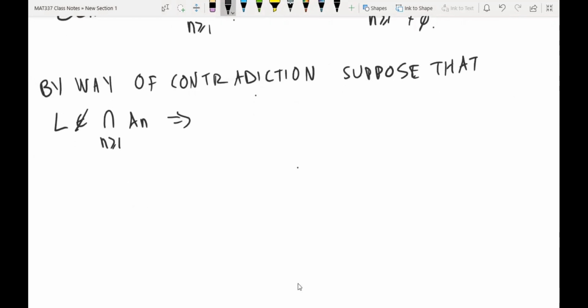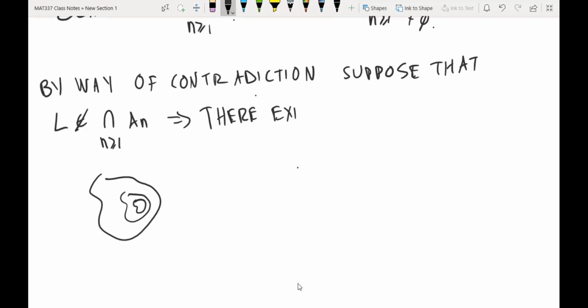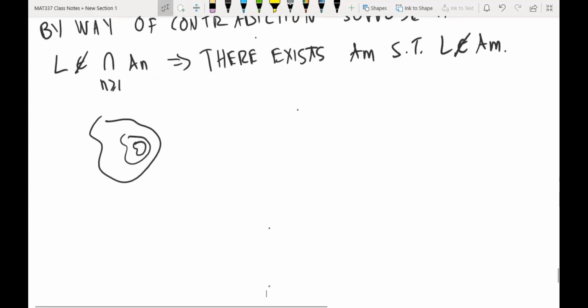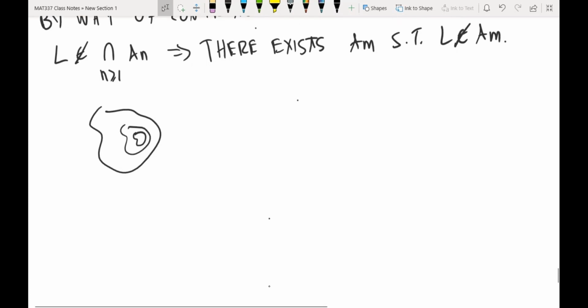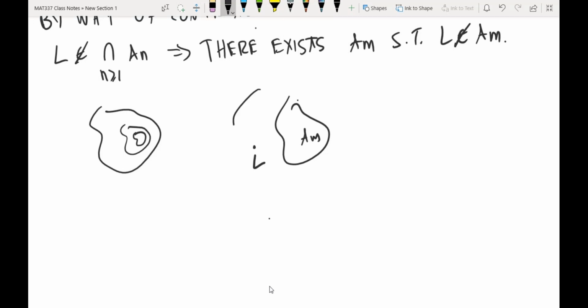So we want to prove L is in the intersection. Suppose no. So L could be in all of them except one. So there exists Am such that L is not in Am. So this is Am and this is L.